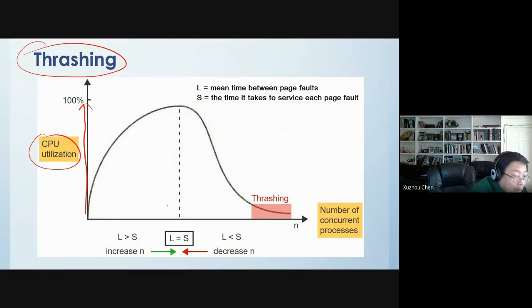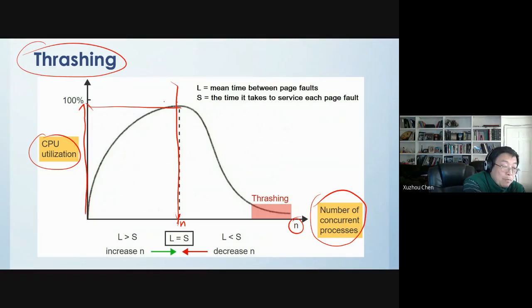Here n is the number of concurrent processes, and when n reaches a certain number, you can maximize the CPU utilization.